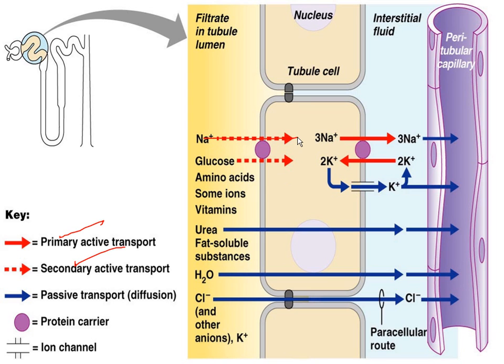So you can see we're pumping sodium and glucose. Okay, you can see urea, small fat-soluble molecules, water, and ions are just diffusing across the cell and then diffusing across little carriers between cells sometimes. When it comes to the sodium, sodium tends to act as a symporter.